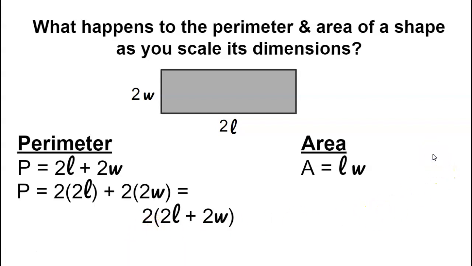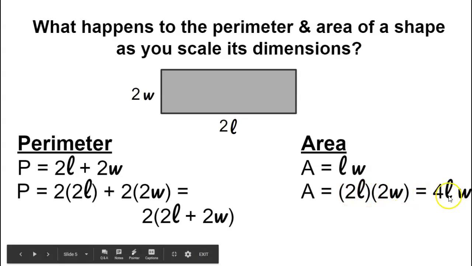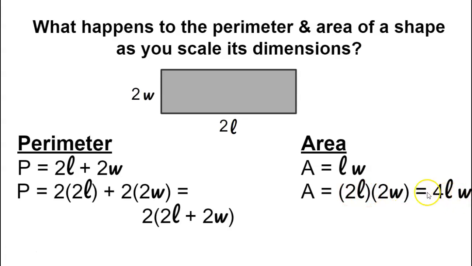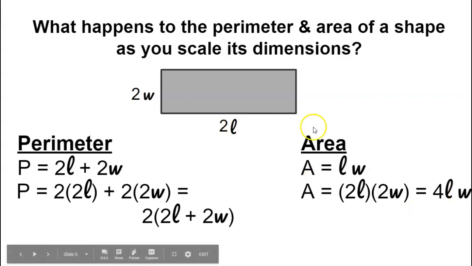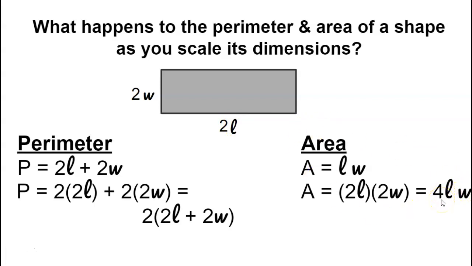What happens to the area? Well, if I now have a length of 2L and a width of 2W, and I multiply those together, I get 4LW. Well, the original area was LW, so that means if I double the dimensions, the area actually gets multiplied by 4.